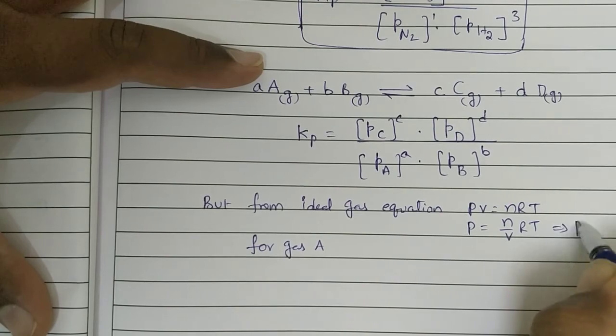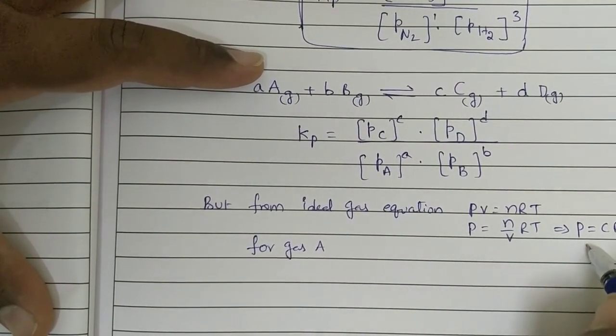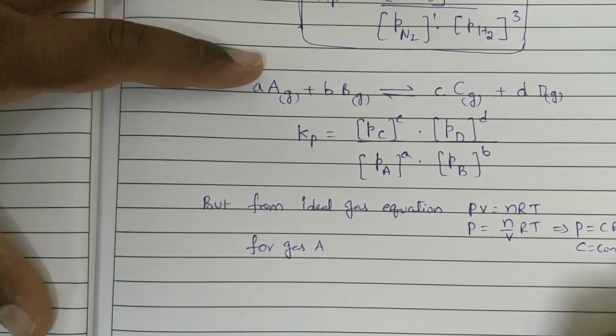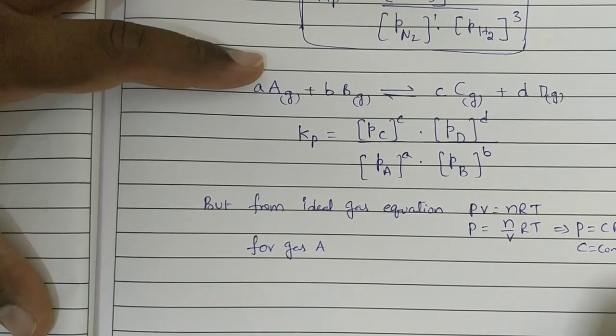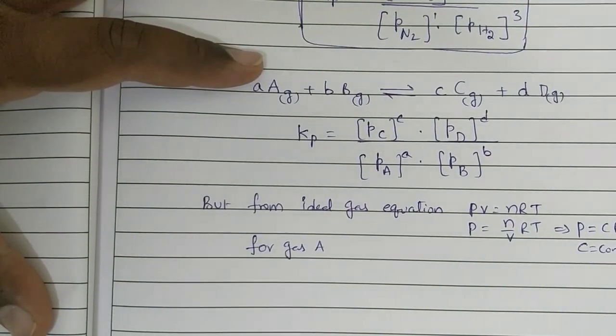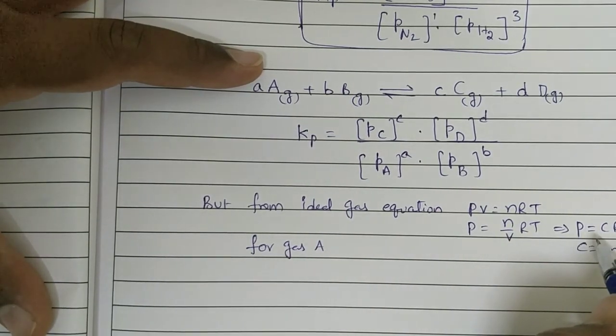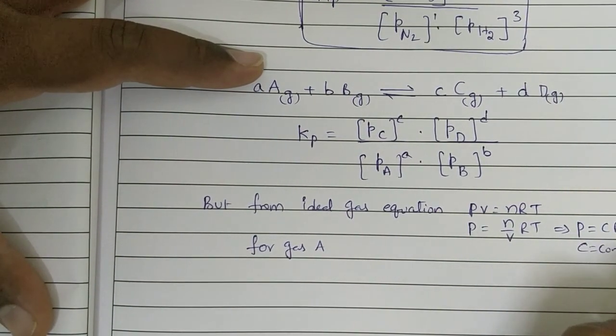So P is equal to CRT, where C is the concentration. n by V is called molarity, which is written as concentration. So P is equal to CRT.